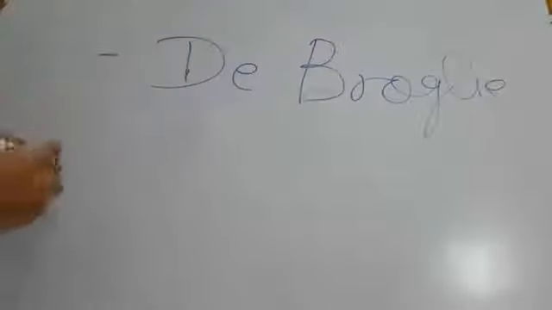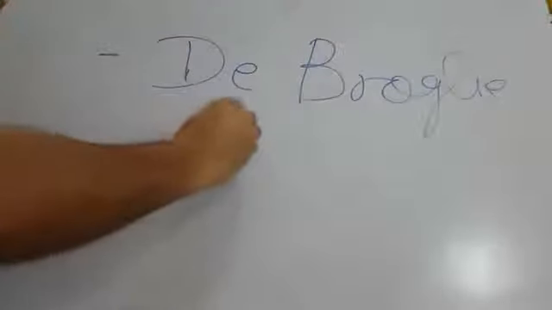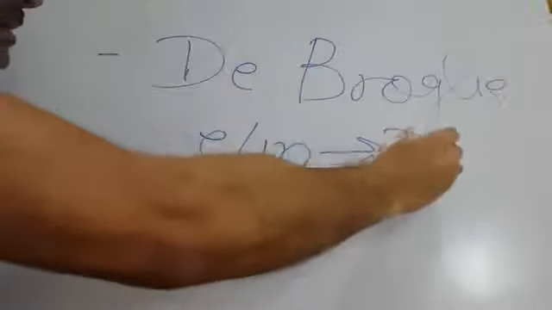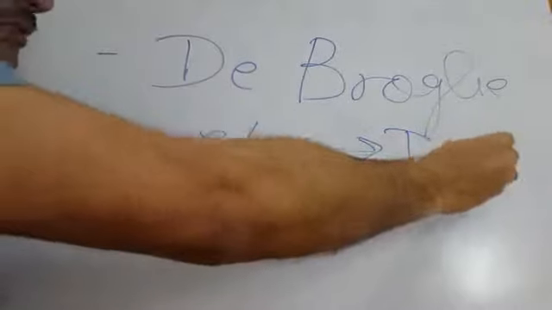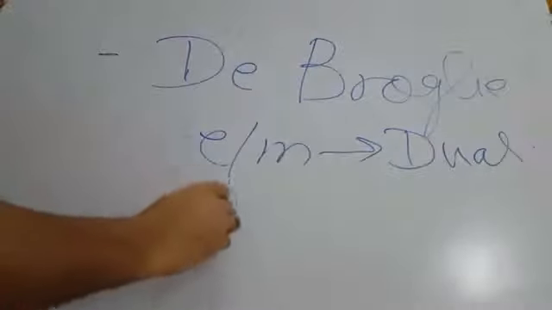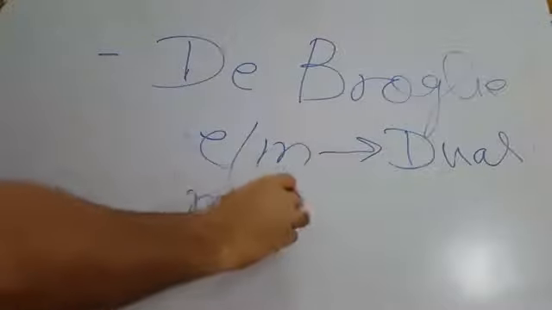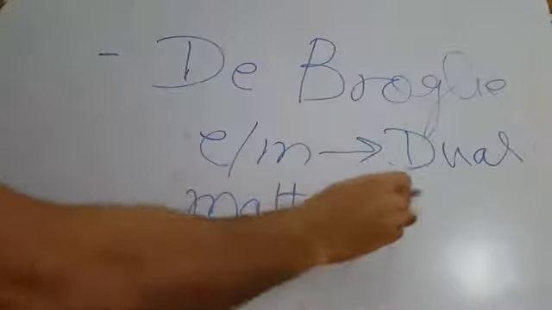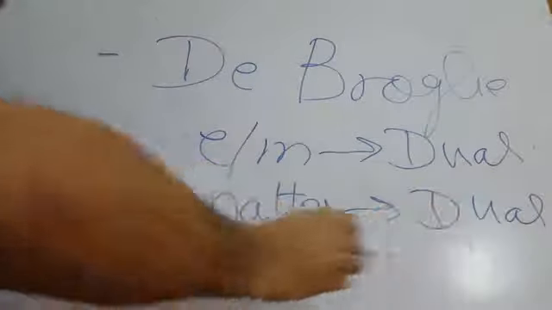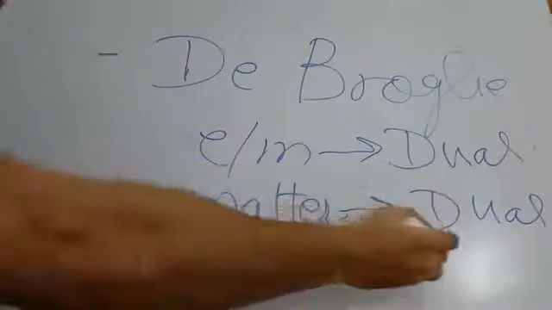de Broglie argued that the electromagnetic waves have dual nature, means they have wave nature as well as particle nature. Then matter must also have dual nature.